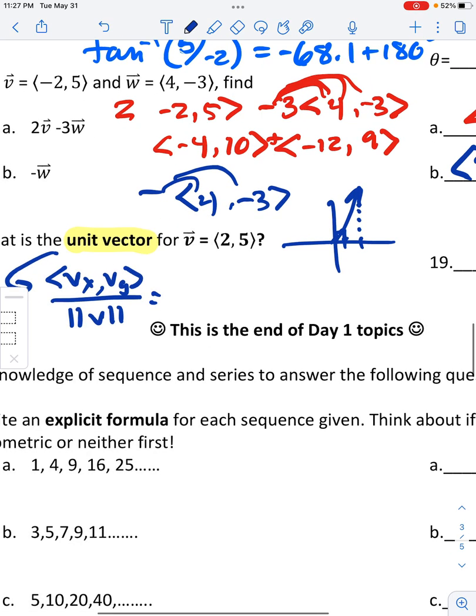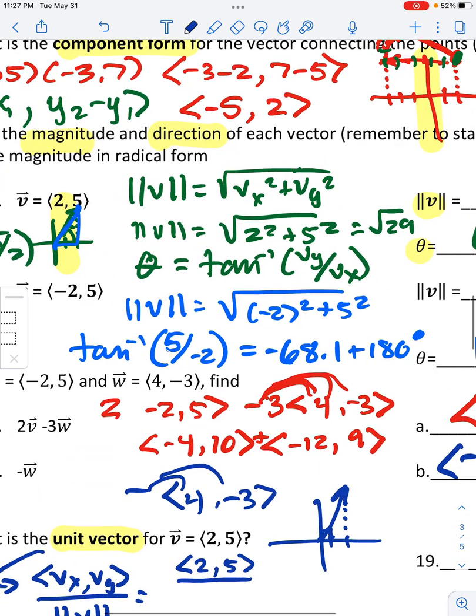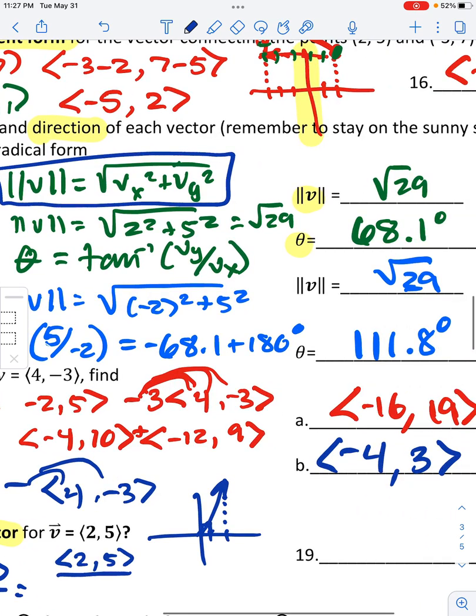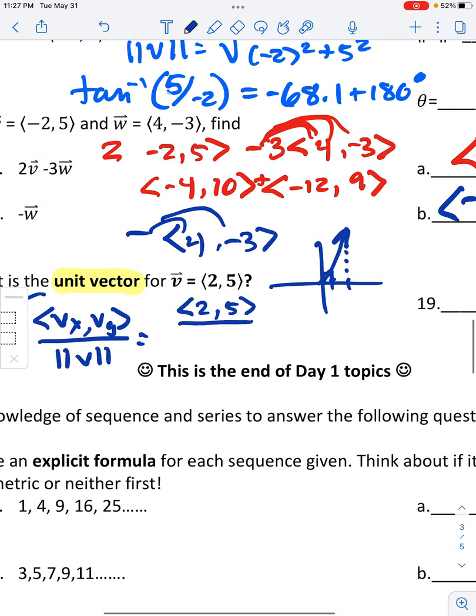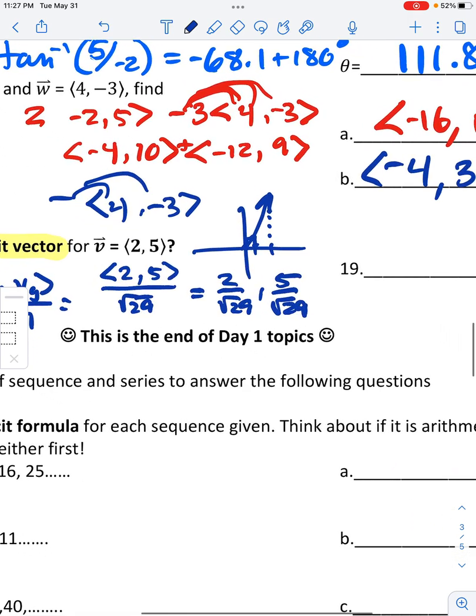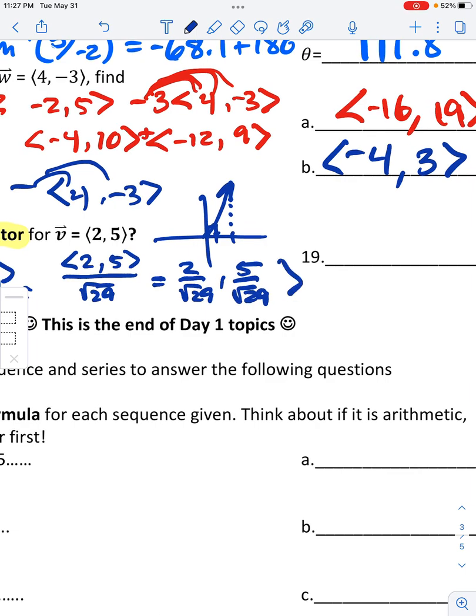So my vector components are a 2 and a 5, and they're each going to get divided by my magnitude. Well, this vector 2, 5 is the same as it was up here, and I already found the magnitude this time, so I'm not going to redo it. They're going to be over root 29. So I have 2 over root 29, and then 5 over root 29, and I should rationalize each one.